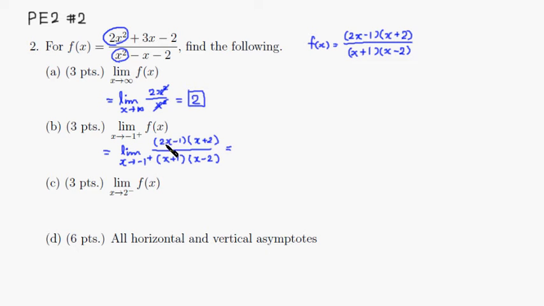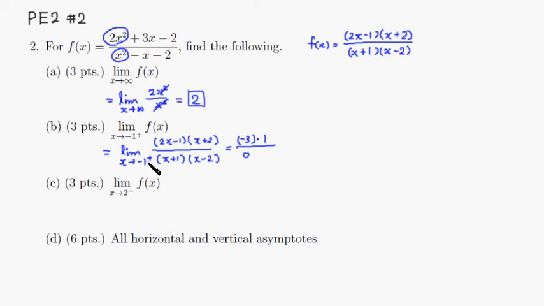Plug in -1 here. 2 times -1 is -2, minus 1, so it's -3, times -1 plus 2, which is 1, all over the denominator, where x plus 1 is actually 0 here.